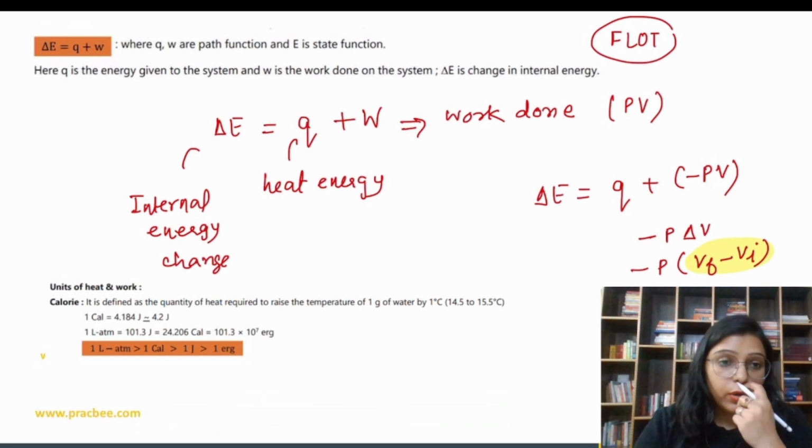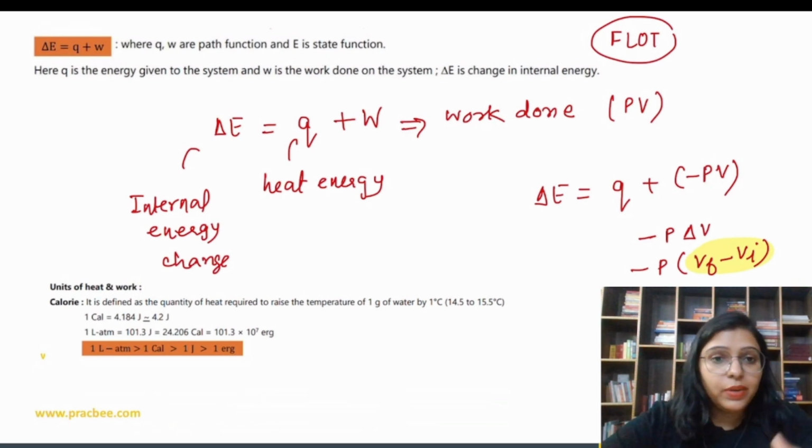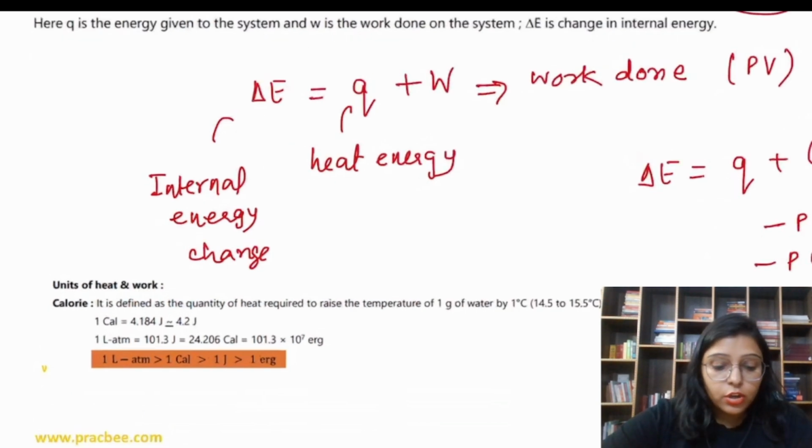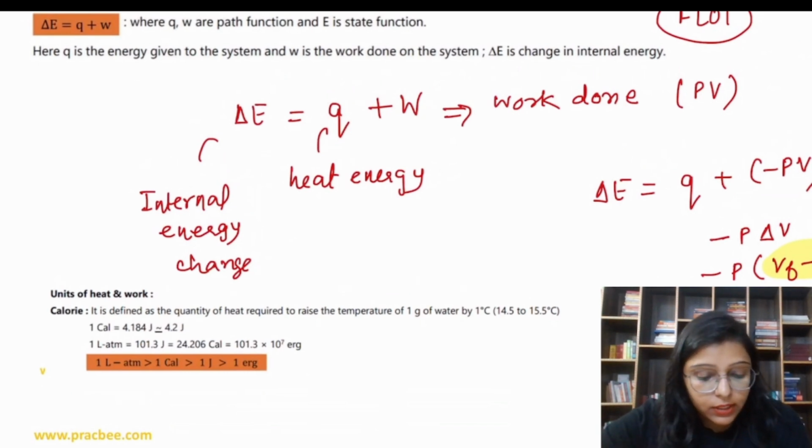Now if I want to find out the work, if pressure is in atm and volume is in liter, the work unit is going to be atm liter. But the question is asking to calculate the work in terms of joule, right? Calculate the internal energy in joule, kilojoule, calorie and so on. So that is the important part. You have to learn these relations.